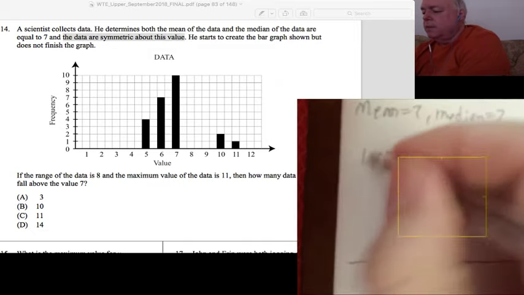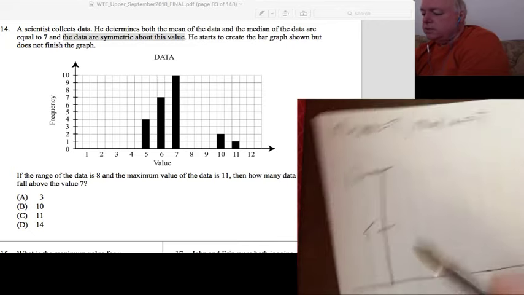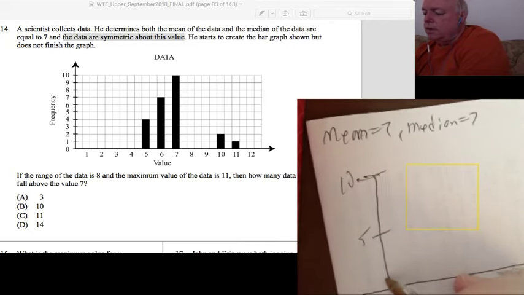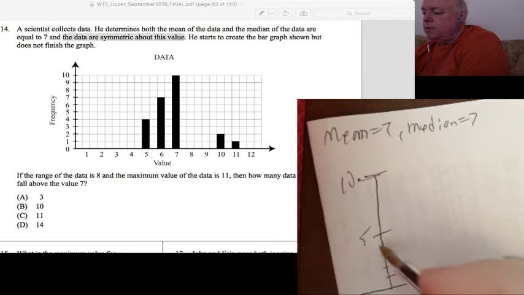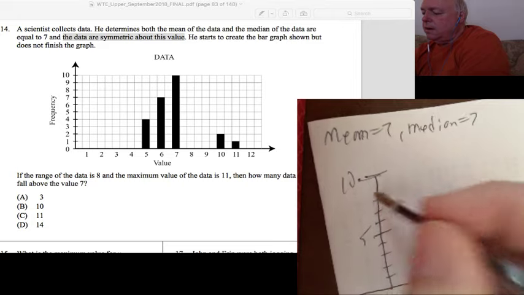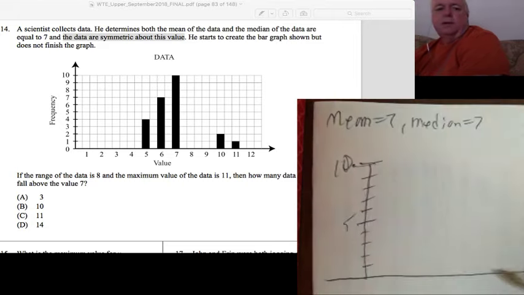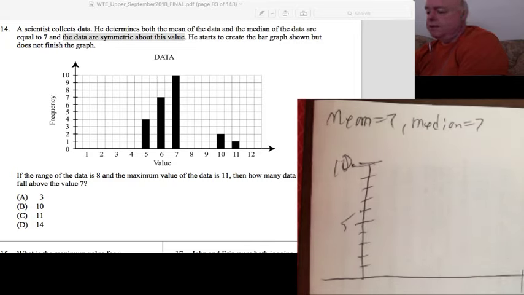this is 10. So this is going to be about 5. And so let's just chop this. 1, 2, 3, 4, 5, 6, 7, 8, 9. Okay. So 7. Well, this is going to be 11.